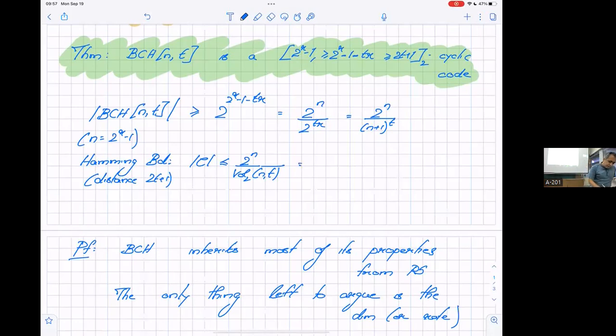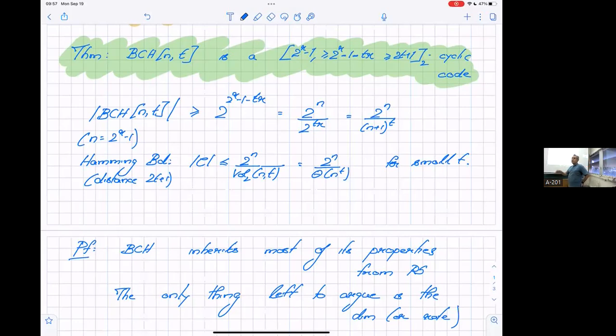It is some number of the form n per t for small t. In other words, the BCH code more or less meets the Hamming bound up to a constant in the number of code words. If you take the logarithm, it really doesn't matter. So up to constants, the BCH code meets the Hamming bound.